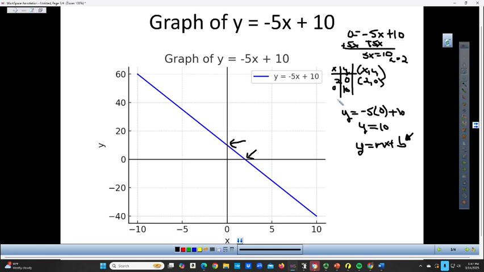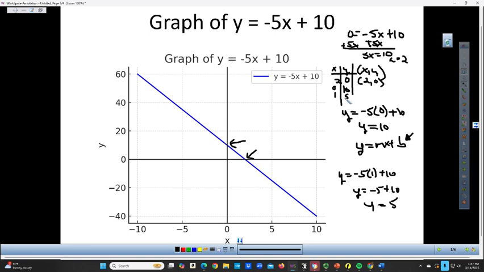All right. If I had to find another point, I would just make it something easy like 1 for x, especially when it's in slope-intercept form. So I would say y equals negative 5 times 1 plus 10. y equals negative 5 plus 10. y equals positive 5.